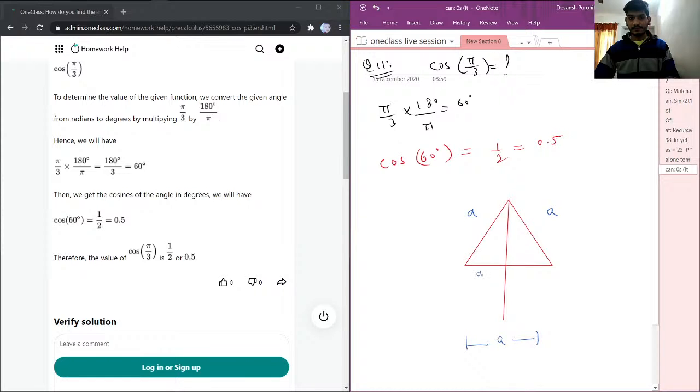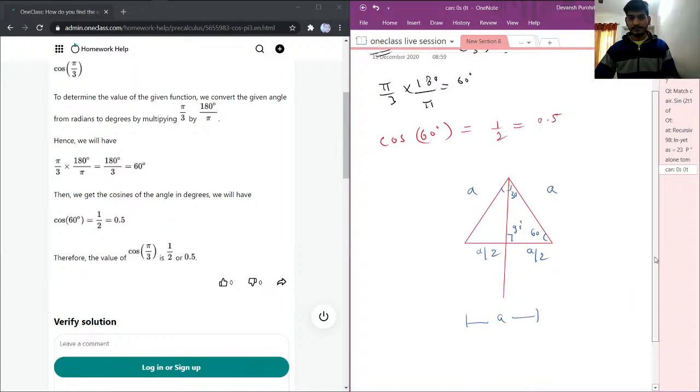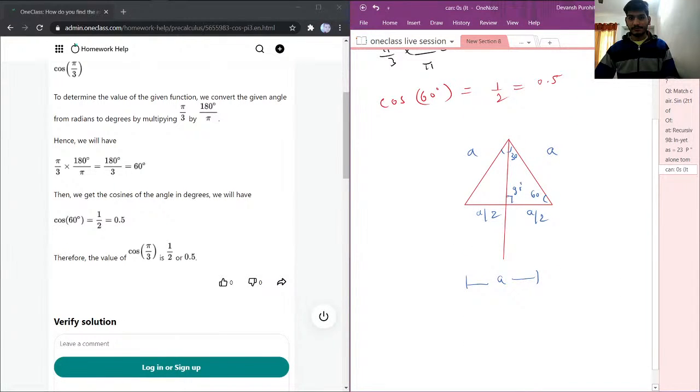So this will become a by 2, this will become a by 2, and this is 60 degree. This will bisect the angle, so this will become 30, and this we know is 90 degree. And then we can just use the Pythagoras theorem to calculate this height. This is height, not hypotenuse here.